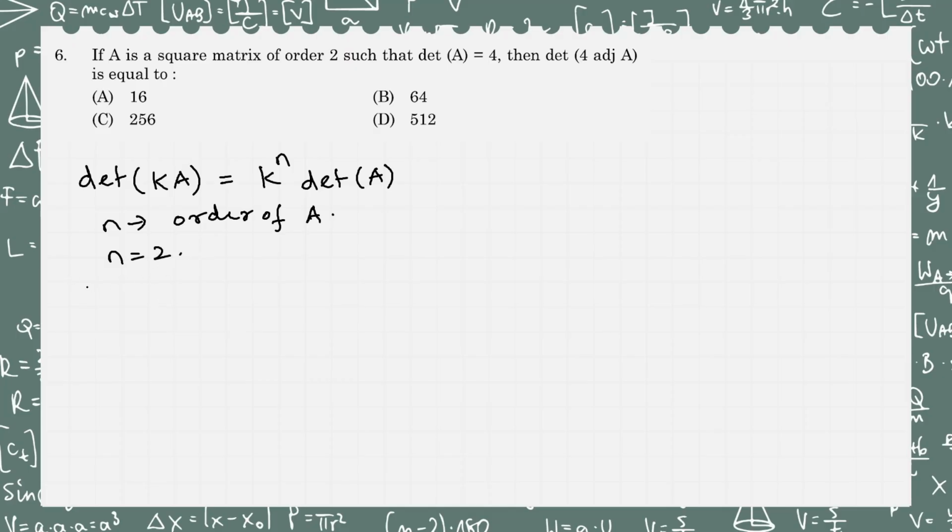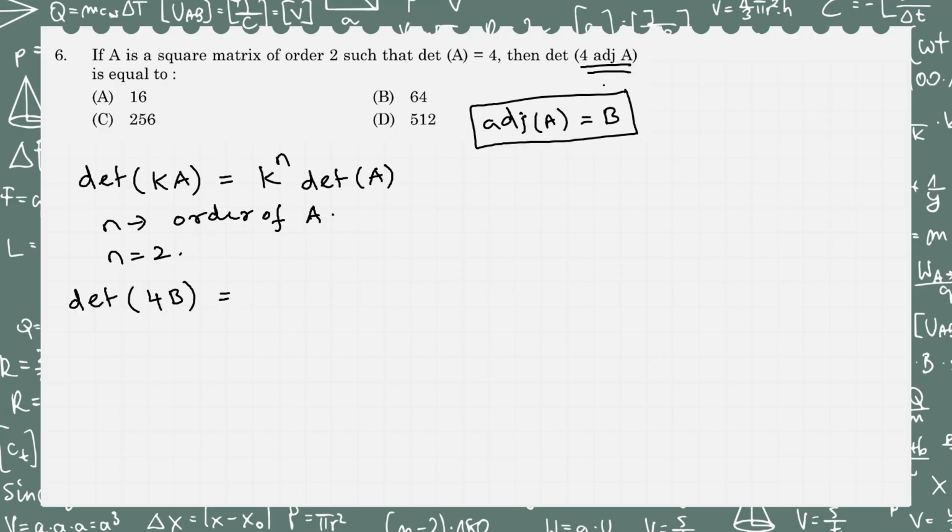So determinant of 4 times a matrix, whatever matrix it is. Suppose it is a matrix B, we are going to take adjoint matrix of A as our matrix B. So this is what we want to find out. So determinant of 4 times matrix B equal to 4 to the power n times determinant of B by the formula we know.